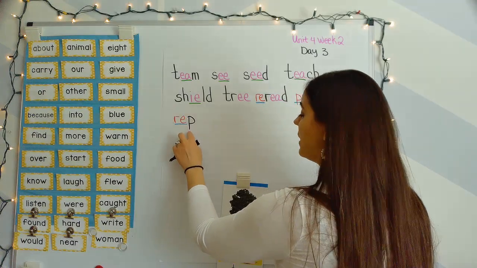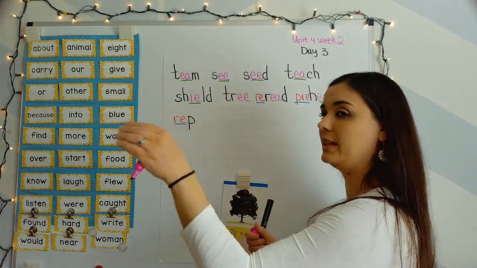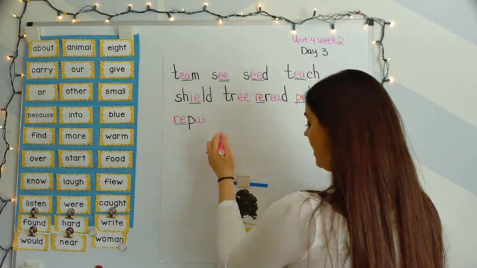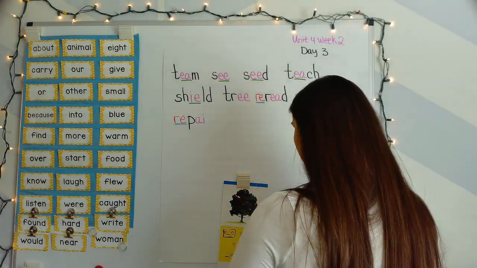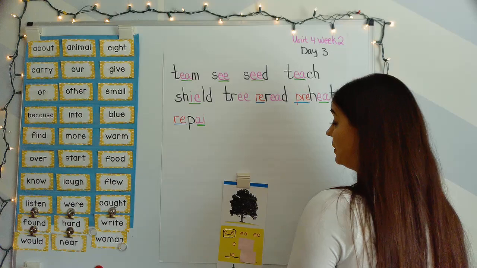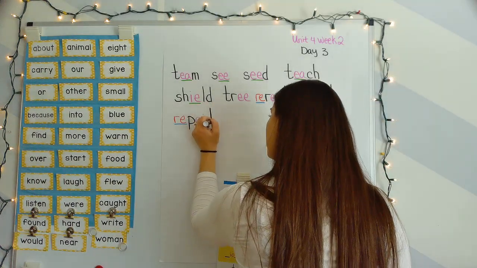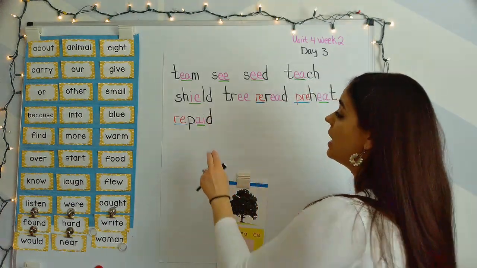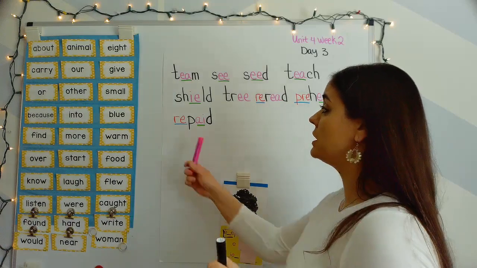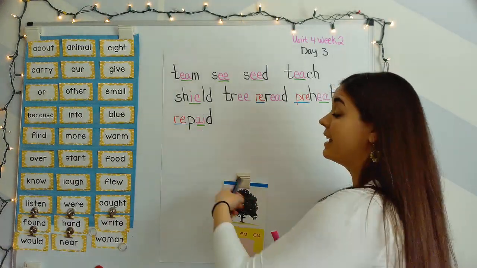So, notice how I hear long A in the middle. Paid. I don't hear an E. A-I. Vowel team. They work together to say long A. We worked on that last week. Pa-A. And D says da. Repaid. Repaid.